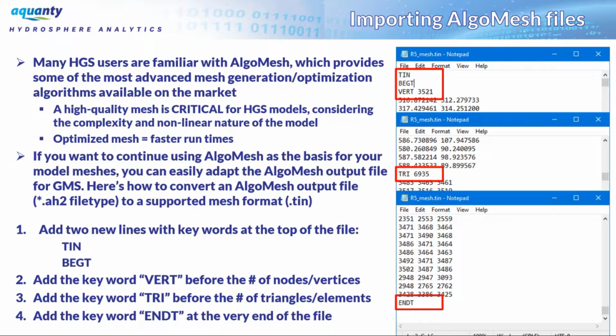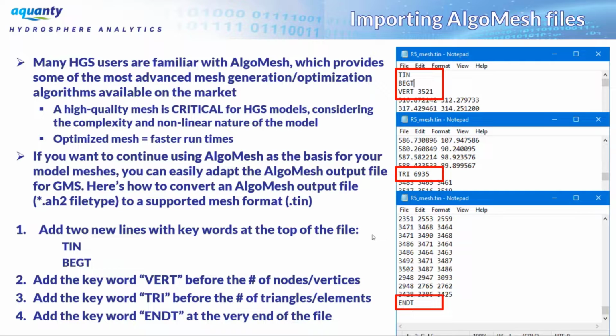You can still use AlgoMesh to develop your meshes. All you would need to do is take a few extra steps to convert the AlgoMesh output file, which is an AH2 file, into a TIN file format, which is supported by GMS. So you just need to add a couple of flags or keywords at the beginning of the file and at the end of the file, and at the point in the file where we basically start listing nodal index numbers.